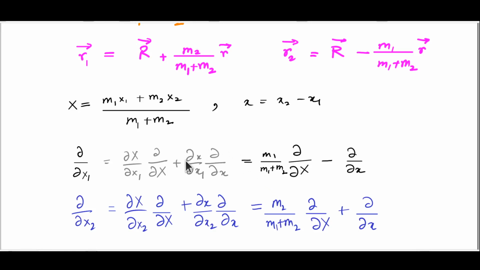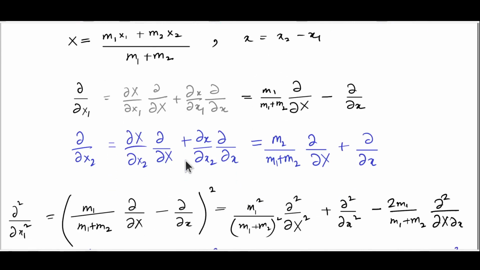What we need is, of course, the second derivative, del 2 del x1 square, del 2 del x2 square, and so on. And that's straightforward. You can form del 2 del x1 square by essentially squaring this operator. And here, because del capital X and del small x commute with each other, the calculation proceeds exactly like what ordinary algebra would have told you. You get the a squared term, b squared term, and a minus 2ab term.